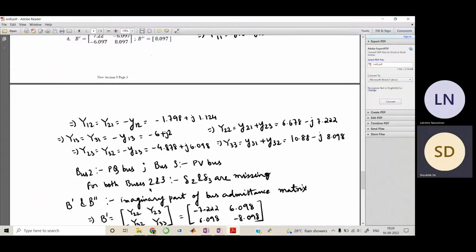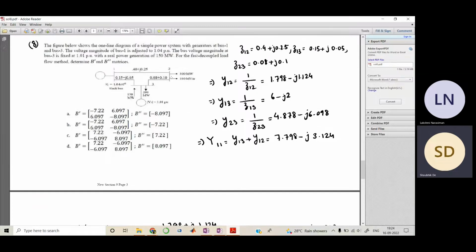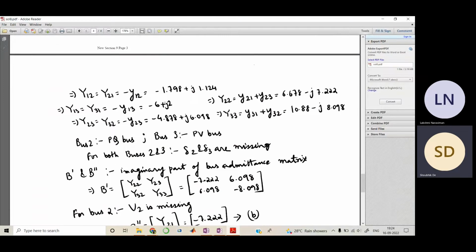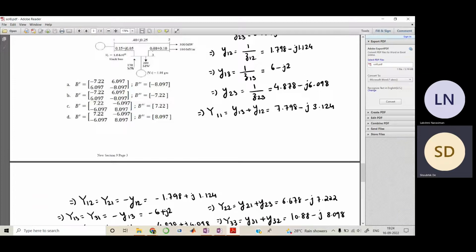For a PV bus, what are the unknowns? Q and delta, and for a PQ bus, voltage and delta. So for both bus 2 and 3, the deltas are unknown, and only for bus 2, the voltage is missing.